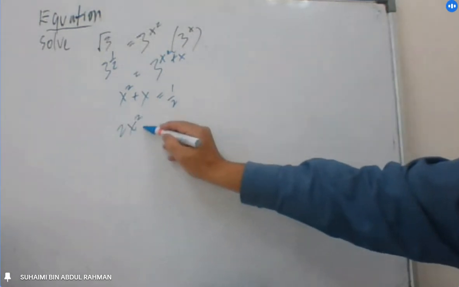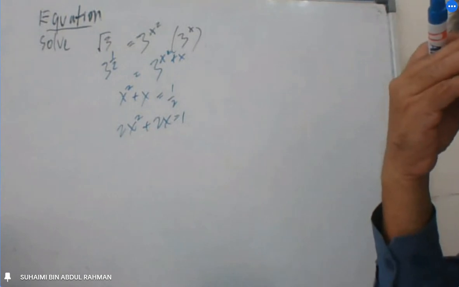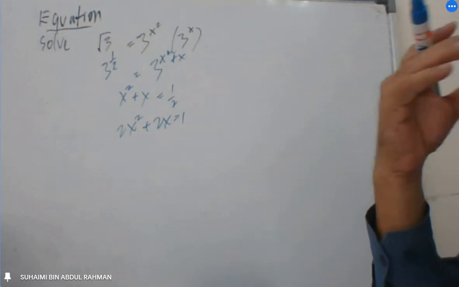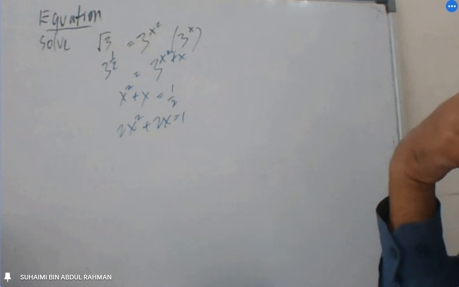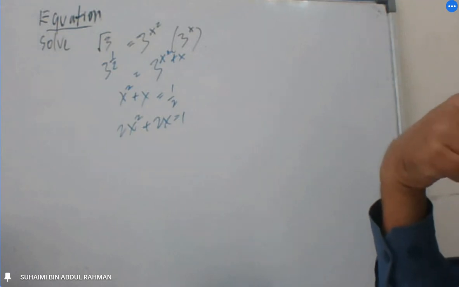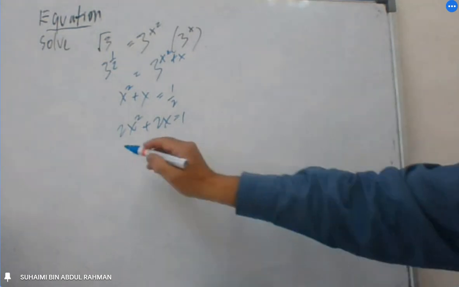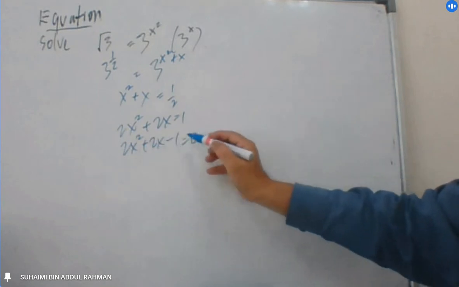We get 2x squared plus 2x equal to 1, or 2x squared plus 2x minus 1 equal to 0.